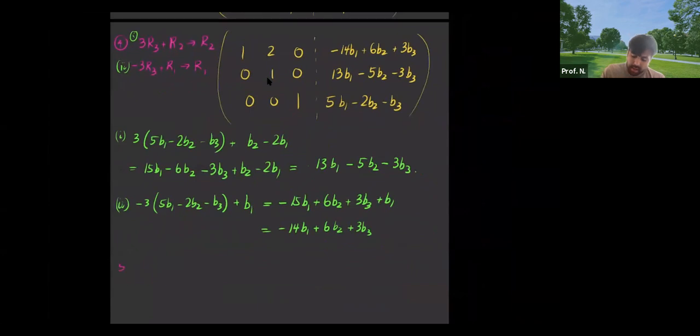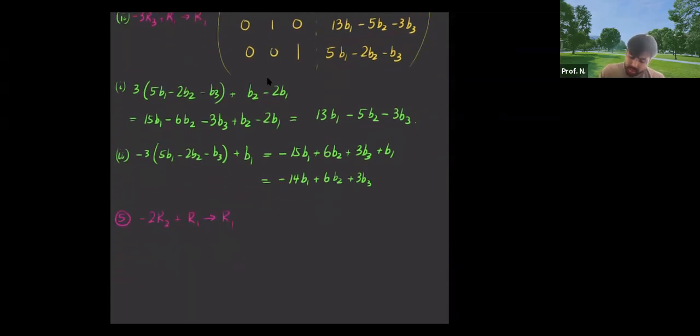And then lastly, we got -2 row 2 plus row 1 goes into row 1. So we already know what this looks like, right? We know this is 1 0 0, 0 1 0, 0 0 1, which is what I wanted. I know this is 5b1 minus 2b2 minus b3.